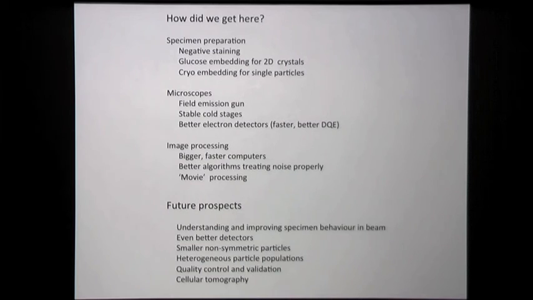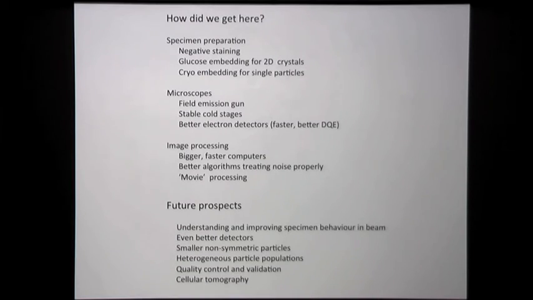I think we still need a bit of work on quality control and validation. It's really important, when people publish maps and make claims about them, that we know we can trust them. Various kinds of quality controls are being developed here and elsewhere, and I think that's important. And something which I haven't touched on at all in this talk is cellular tomography.